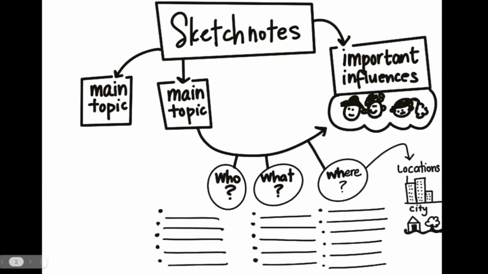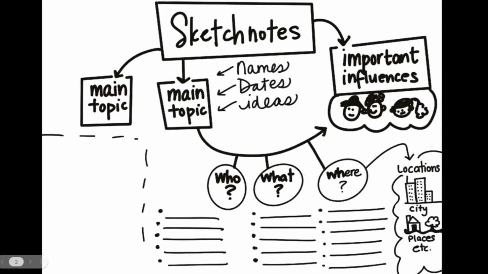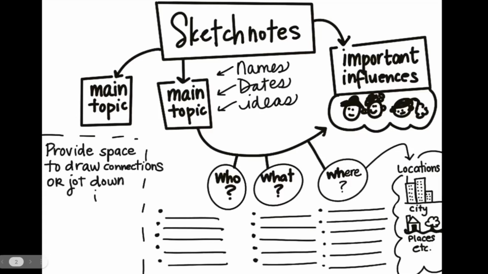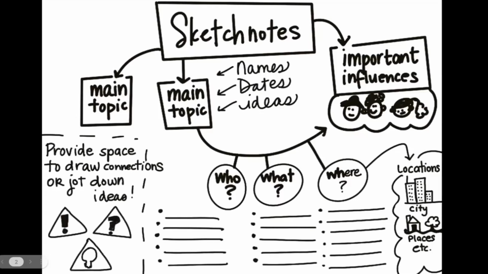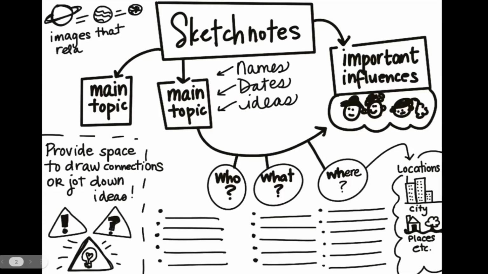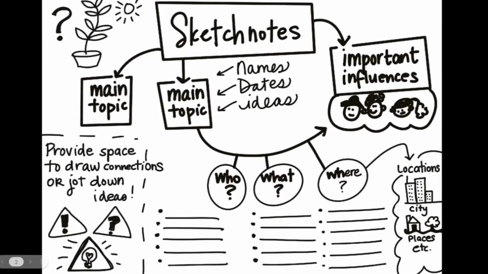Maybe it's a scientific concept and they start with the big picture and then break it down into its component parts. Be sure to leave room for students to doodle or sketch out images when they're creating sketchnotes, because that is where you may find that there's understanding that you couldn't see through the writing, but you can see it through the visuals that they provide for you.